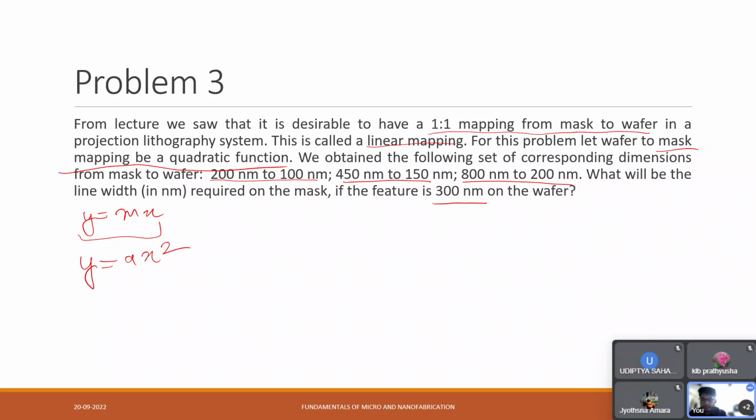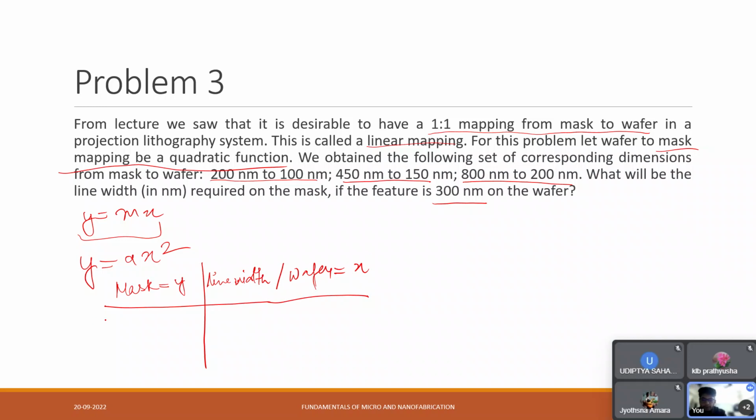We can have a table with the mask value as y, and the line width on the wafer as x.